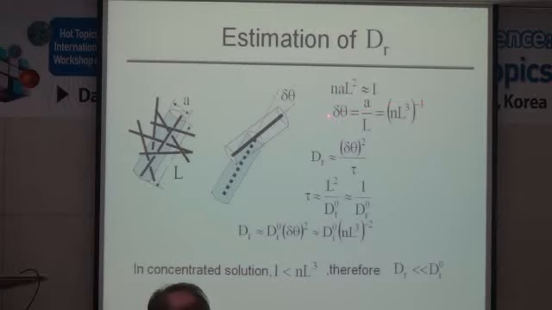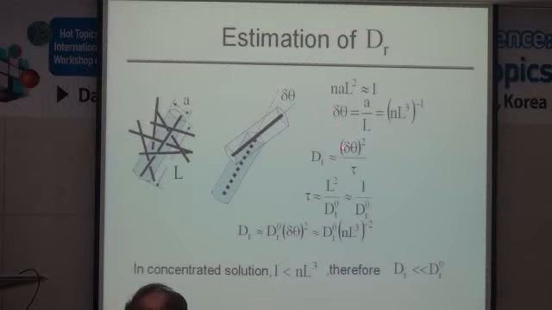So delta theta is given by this, and the time needed for the rod to diffuse the distance L is essentially L squared divided by the translational diffusion constant of the rod in a tube, where D_t0 is the translational diffusion constant along the tube. The rotational diffusion constant is essentially given by delta theta squared divided by this time tau.